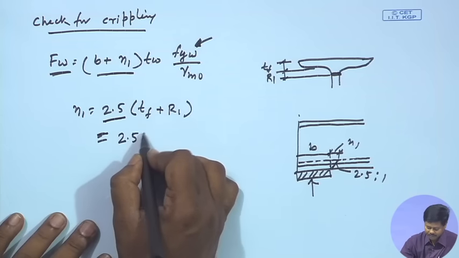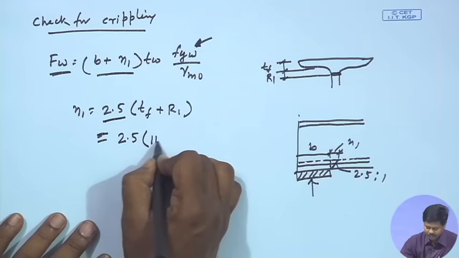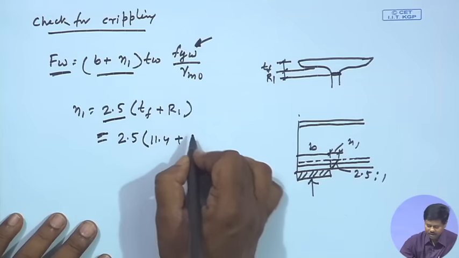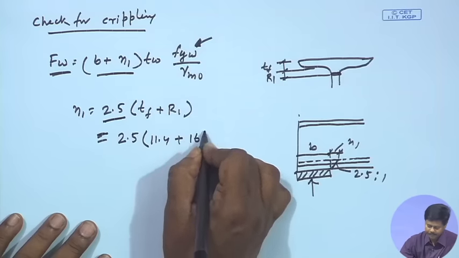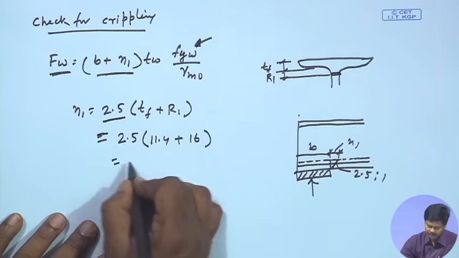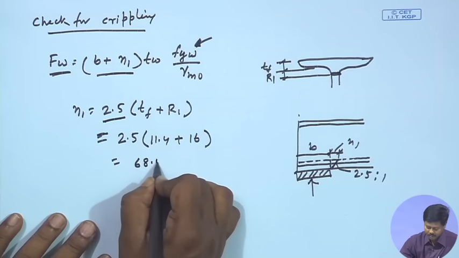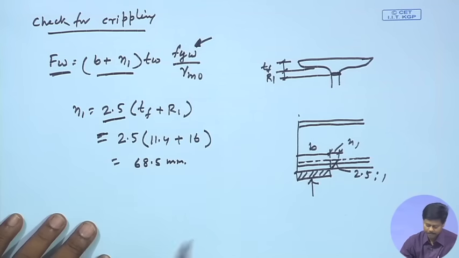These are the assumptions we have made earlier. So, 2.5 into 11.4, where 11.4 is the thickness of flange, and root radius is 16 mm. So, this is becoming 68.5 mm, right.